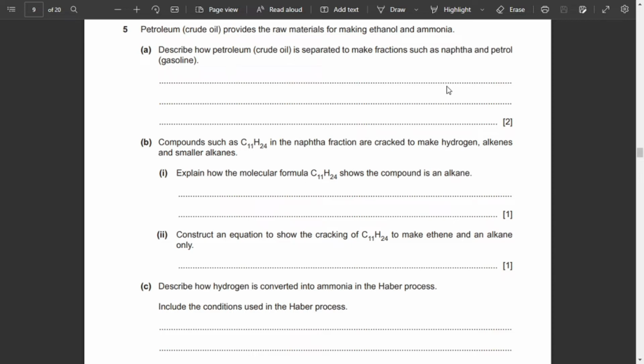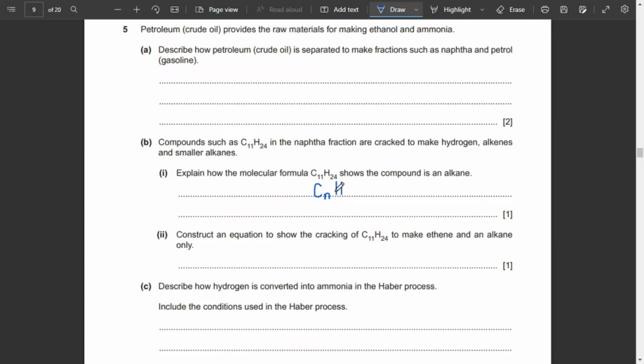Moving on to part B, compounds such as C11H24 and naphtha fraction are cracked to make hydrogen, alkenes and smaller alkanes. Explain how molecular formula C11H24 shows the compound is an alkane. So basically, if we talk about alkanes, alkane has this general formula that is CnH2n+2. If we look at this formula, it's more like Cn, where n is 11.